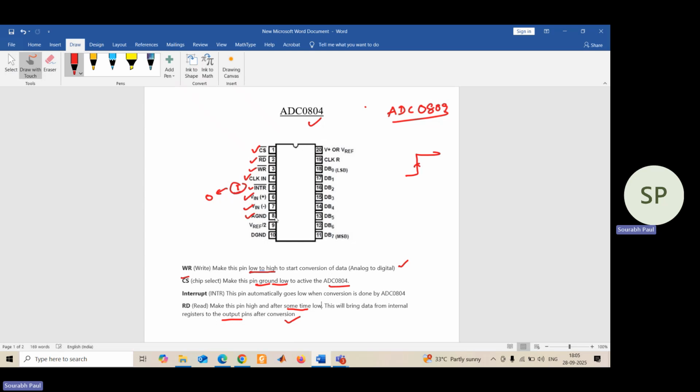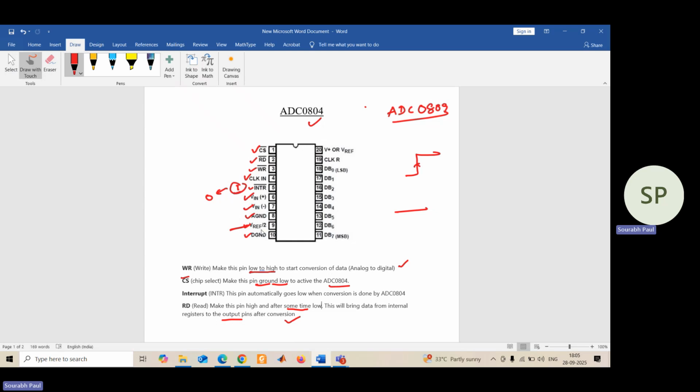Then analog ground, then this one is digital ground, and V reference by 2. This is a very important pin of this ADC. Basically, this will give you the range of input voltage, what voltage you can apply. The range will be provided by this V ref by 2.